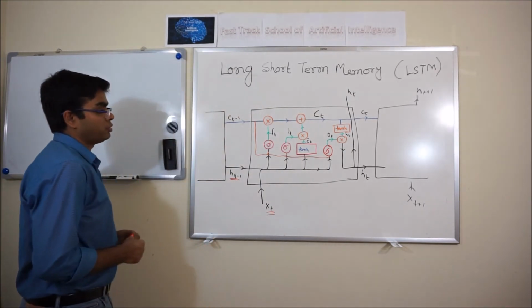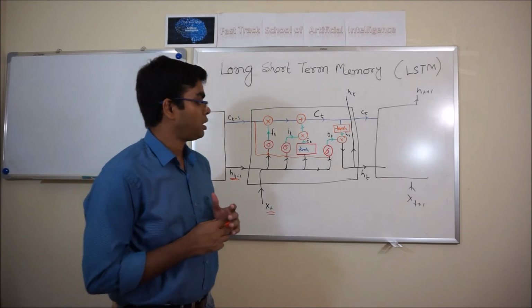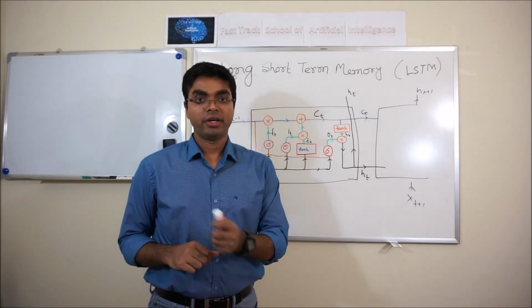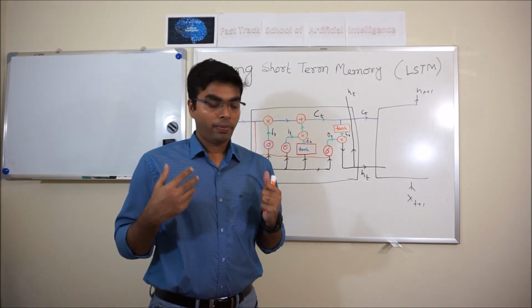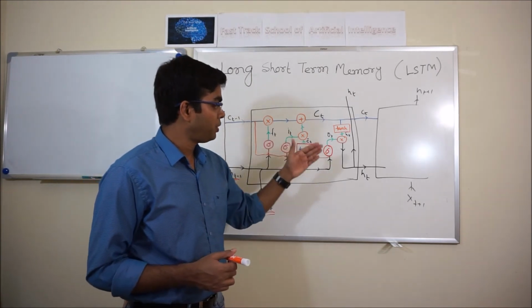Another simpler version of a similar concept is known as GRU, Gated Recurrent Unit. That has a slightly different architecture, but it is supposed to be simpler than this.